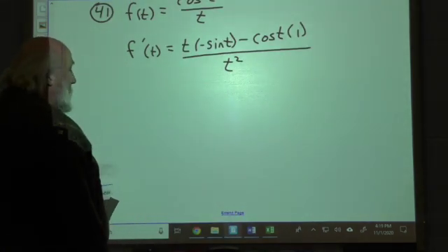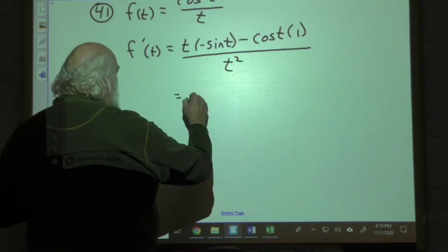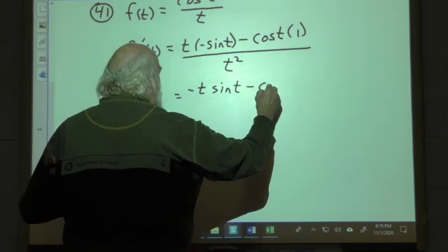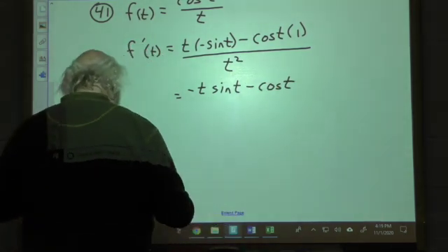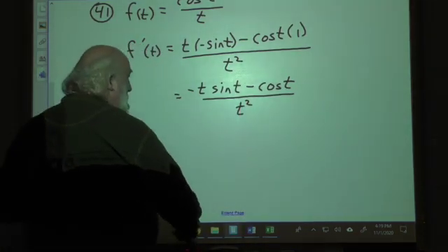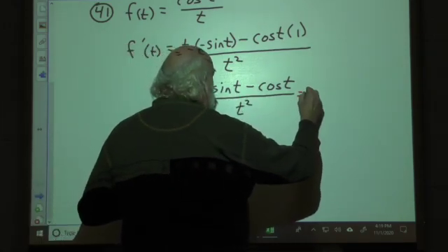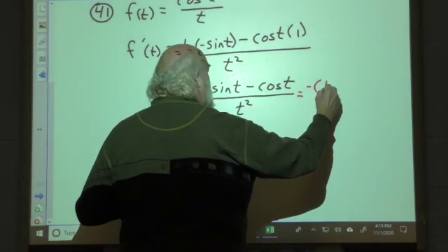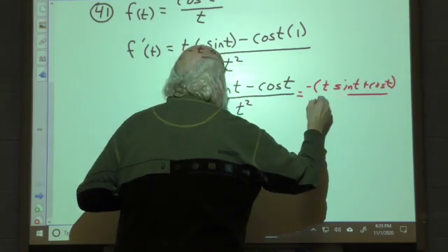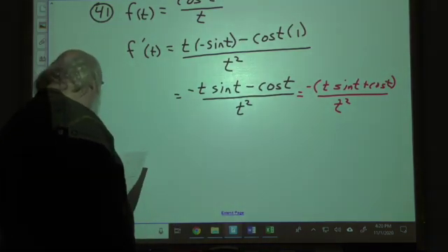Okay, so go ahead and resolve all this on top here. This equals negative t sine t minus cosine t, all over t squared. Now, I'm going to take out a negative sign here. So this will be negative of t sine t plus cosine t, all over t squared.